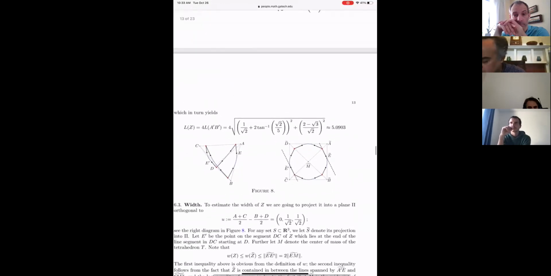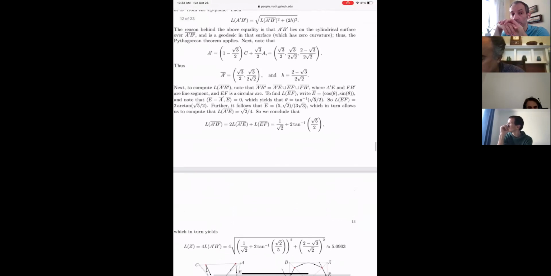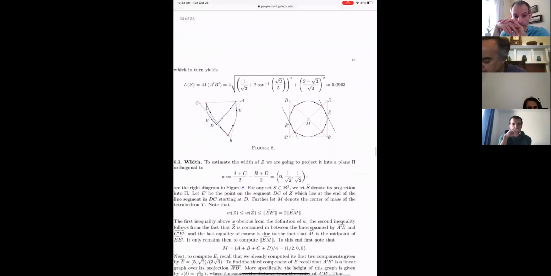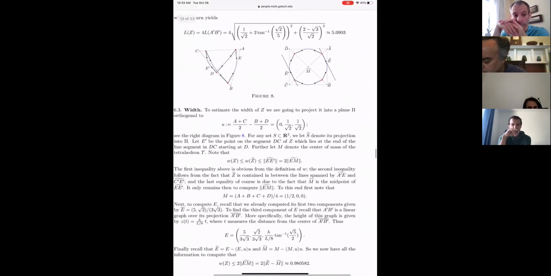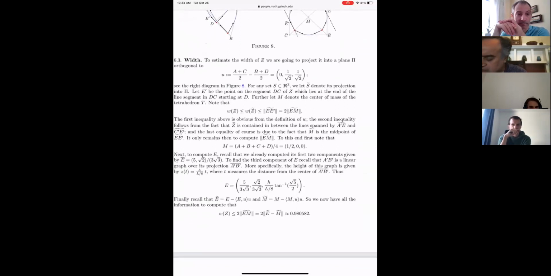I think his conjecture was false because he had made a mistake when he had computed the length. Yes, and I noticed that mistake. So this is better than the cylinder, however, not good enough.